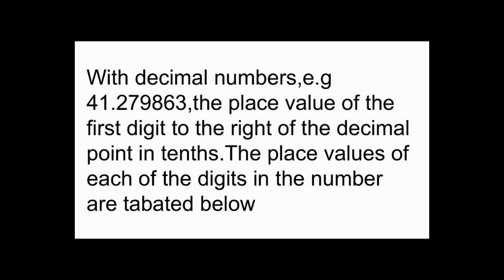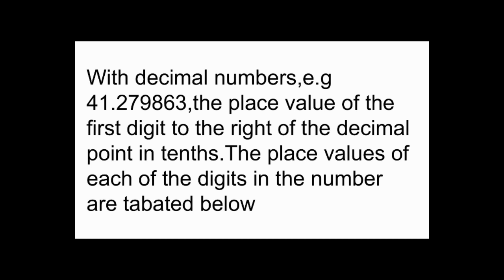Now, with numbers that have decimals, the place value of the first digit to the right of the decimal point is tenths. The place values of each of the digits in the number are tabulated below. For example, look at our number 41.279863.